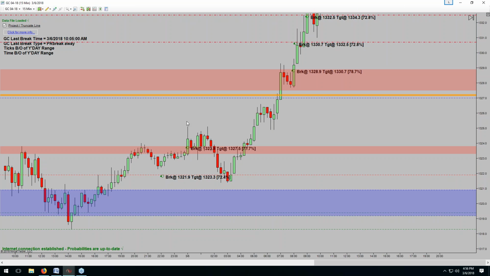Now you can see it didn't hit that when it broke here, but again, it's midnight, volumes light. After you're in this trade, how long would you have been in this trade realistically? Let's see how long that was. An hour and 30 minutes. Not likely you're going to sit there with your stop in place for an hour and 30 minutes still waiting for that target. So why not take what you can get, right?